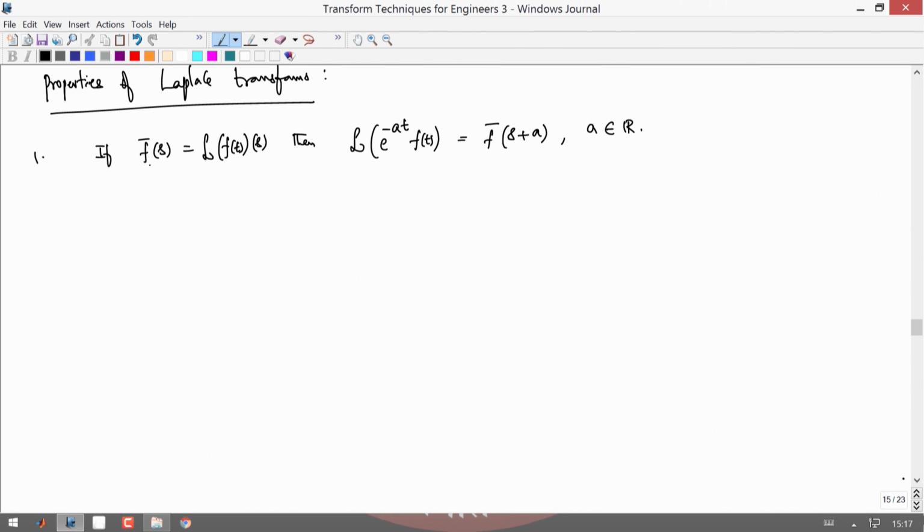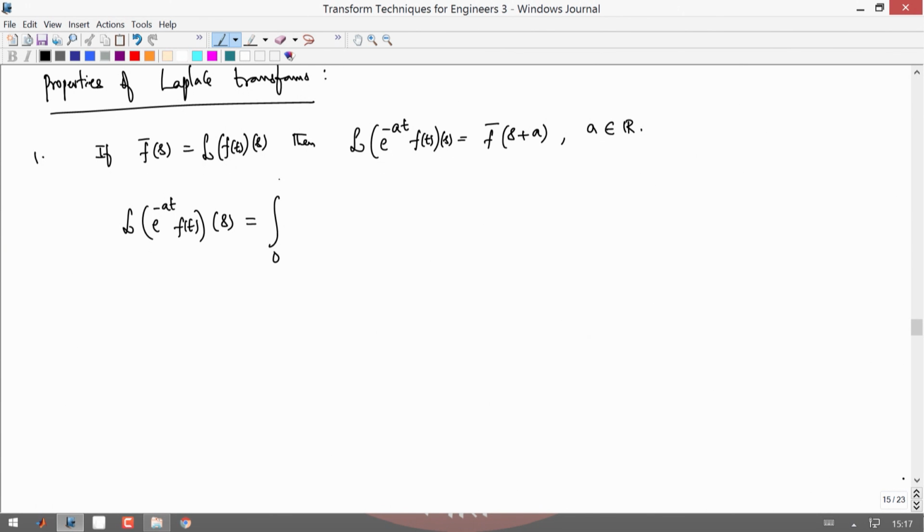If f bar represents the Laplace transform of f, which is assumed to be an exponential function of some order, then we will see what its product with the exponential function e power minus a t f of t gives, for which, if you take the Laplace transform, it is a function of s.